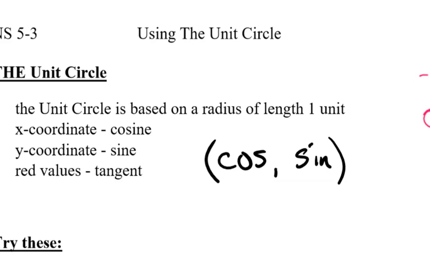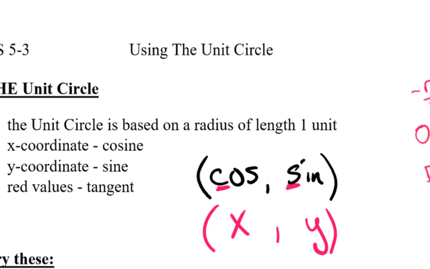Alphabetically, X comes before Y, so C in cosine comes before S in sine. That's one way to remember that. Those are the x, y coordinates around the unit circle.